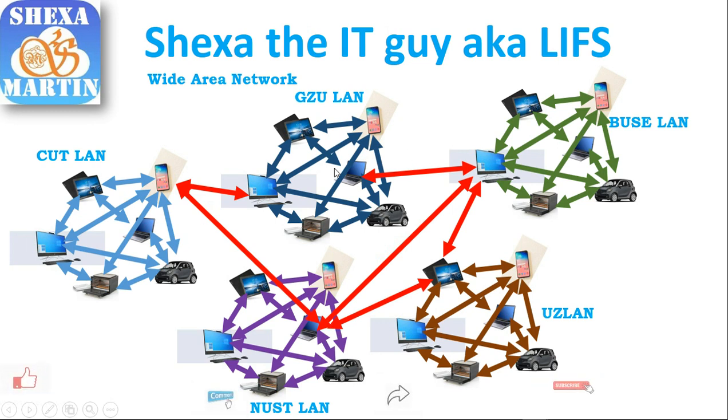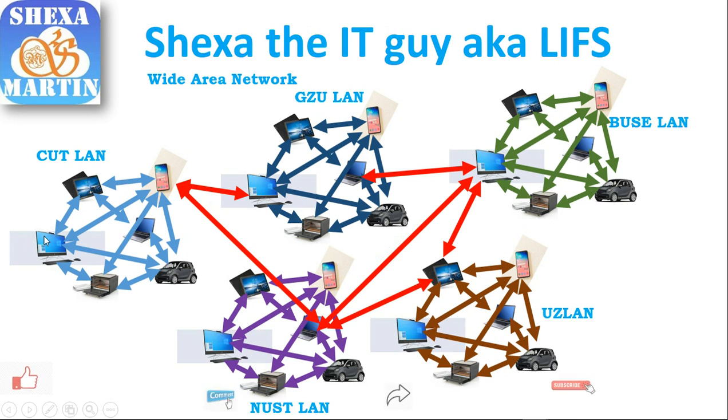So a network is connected to another network using that red line. I've used different colors so that you can see that this is CUIT, this is GZU, this is for Bindura, this is UZ, this is NUST. You see these connections. So let's say you want to communicate with someone who is at UZ.